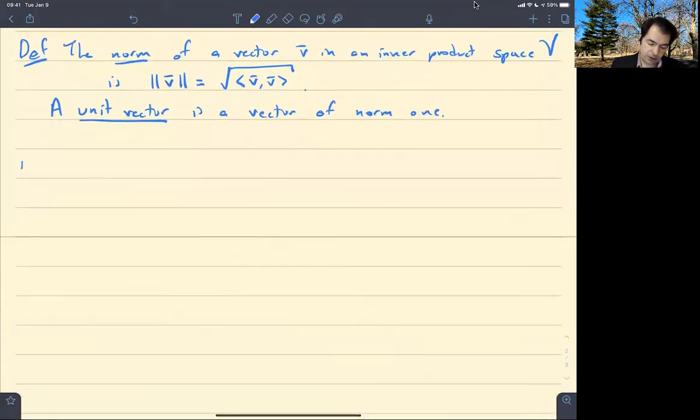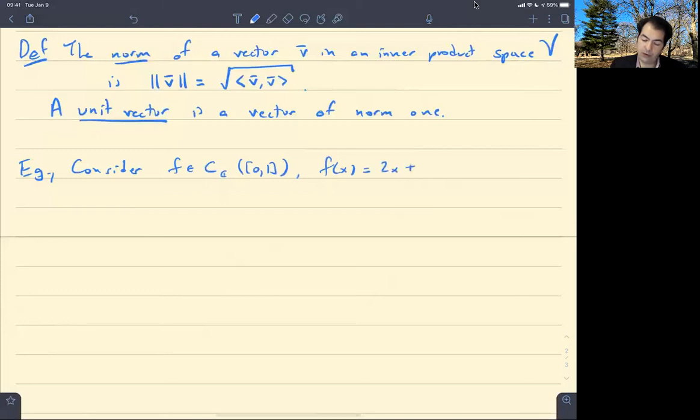Okay, so let's compute an example. Consider a continuous function with complex values on the unit interval, given by f of x equals 2x plus 3i. Then the norm of f squared is by definition the inner product of f with itself.